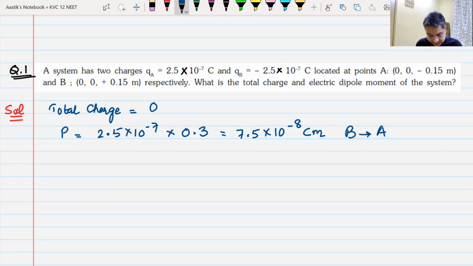Everyone got this answer? Yes or no? No, yes. No one got this answer? What is such a difficult question? I thought it was simple. Anyways, I'll give you 2 minutes to note it down. Tell me if anything is troubling you here in this question.